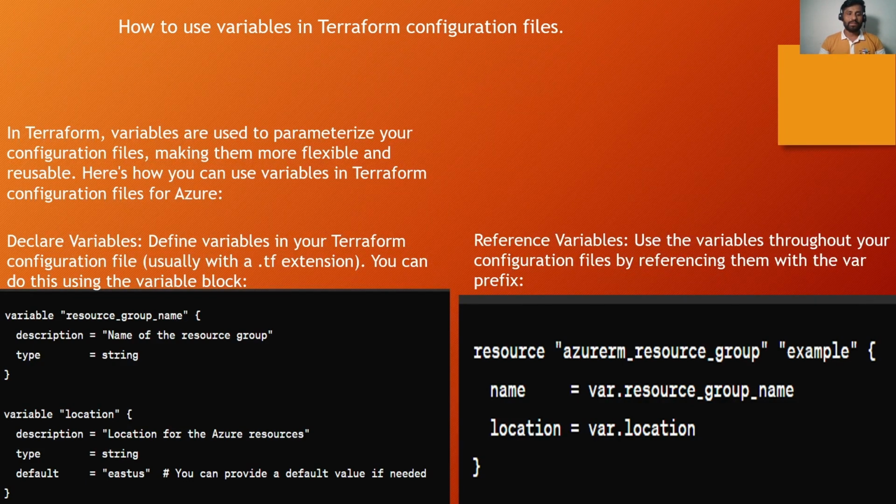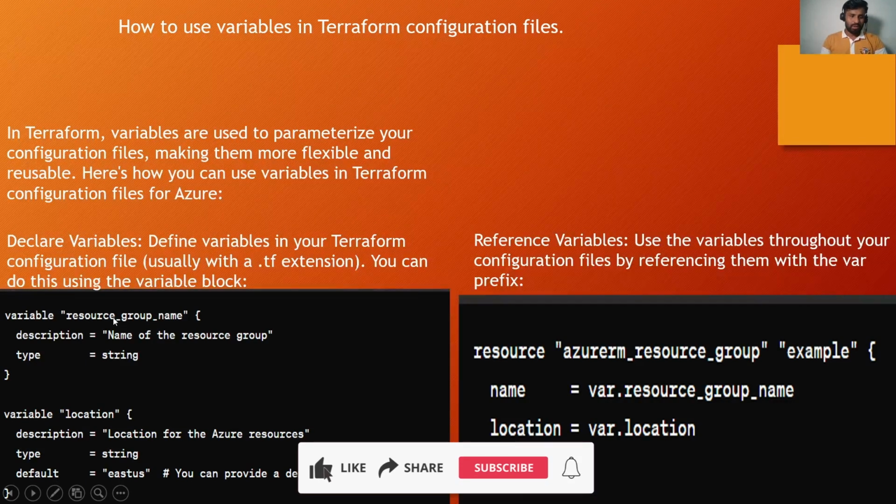Declare variables: define variables in your Terraform configuration file, usually with a .tf extension. You can do this using the variable block. So this is the variable block. We write variable, and in double quotes we write the variable name, right? Then description, you can write name of the resource group. Then type is string, right? Then variable location.